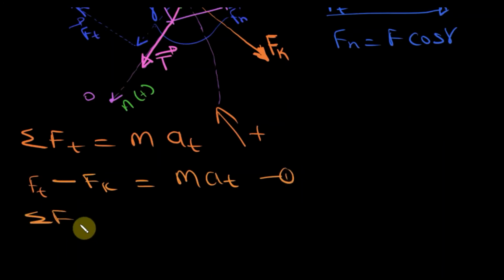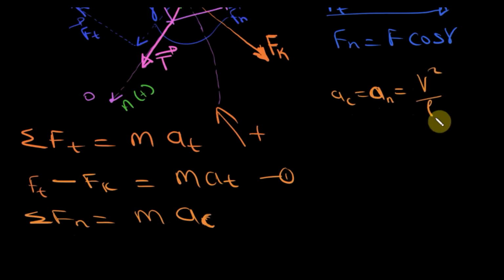Then summation of forces in the normal direction is equal to mass of the block multiplied by the normal acceleration, or rather centripetal acceleration, which is equivalent to normal acceleration. They have the same formula, v squared over the length.